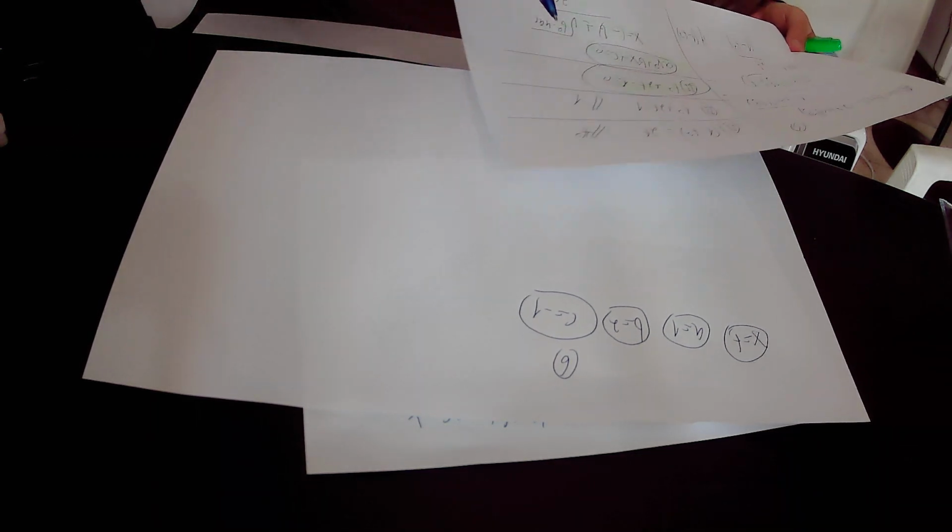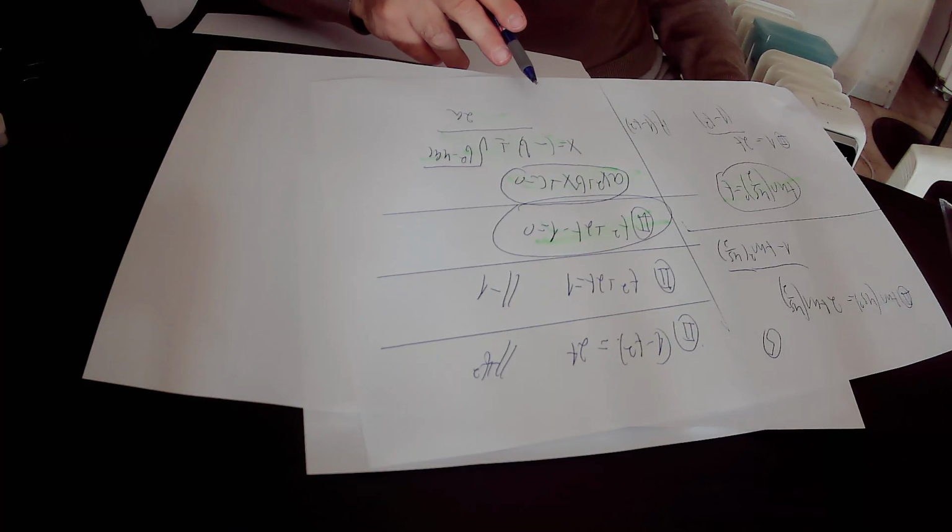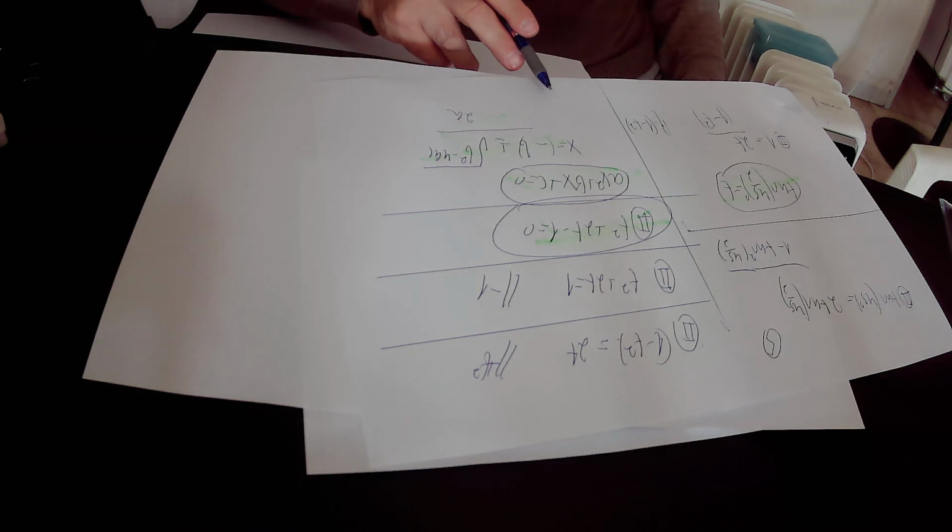Now we put the data inside this formula for x, and we find out the values of t, because x equals t.